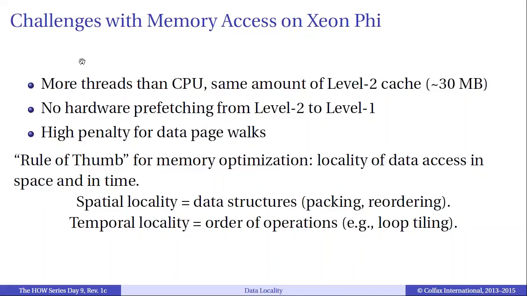Data locality helps to handle cached memory systems both on Xeon and Xeon Phi, but it is especially important on Xeon Phi because Xeon Phi has less cache per core than a Xeon, and the way that the caches operate is more energy efficient. At the same time, it is less forgiving.